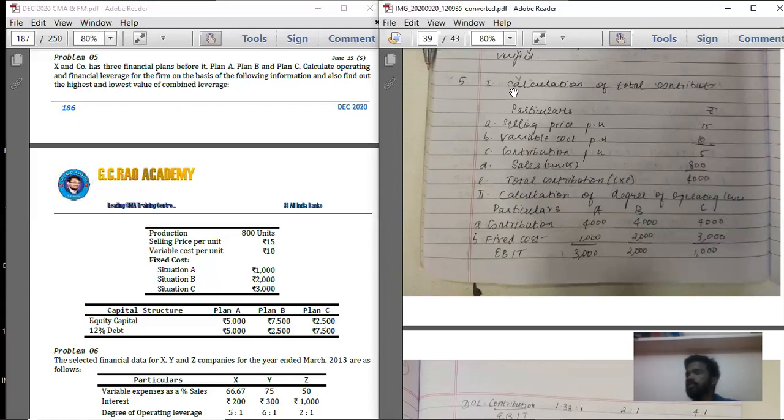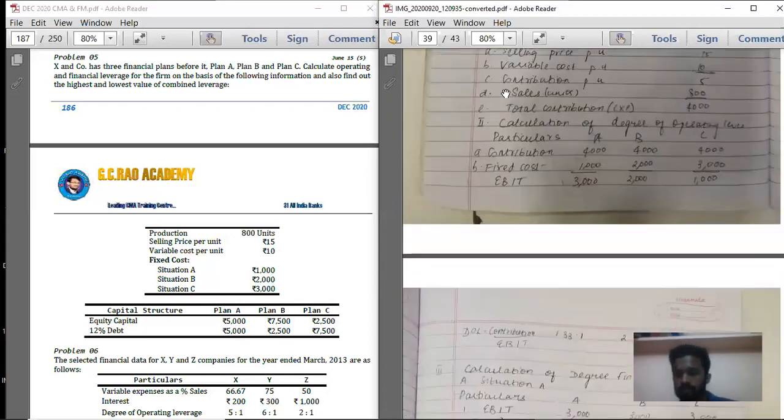Now total it: 4,000 minus 1,000, underline it, 3,000; 4,000 minus 2,000, underline it, 2,000; and last column 4,000 minus 3,000, underline it, 1,000. So EBIT is 3,000, 2,000, and 1,000. With this we can easily find the degree of operating leverage. Below that, small c.